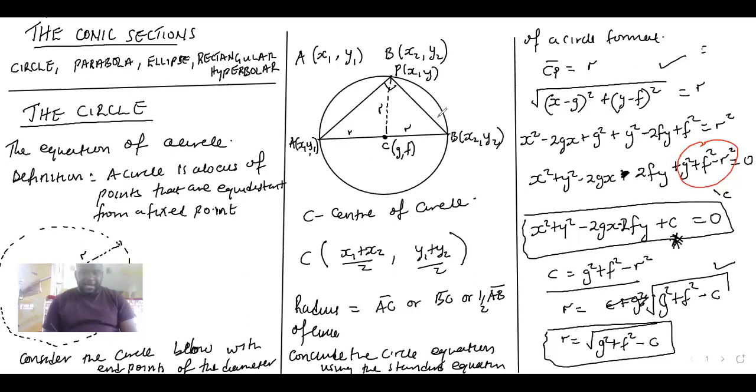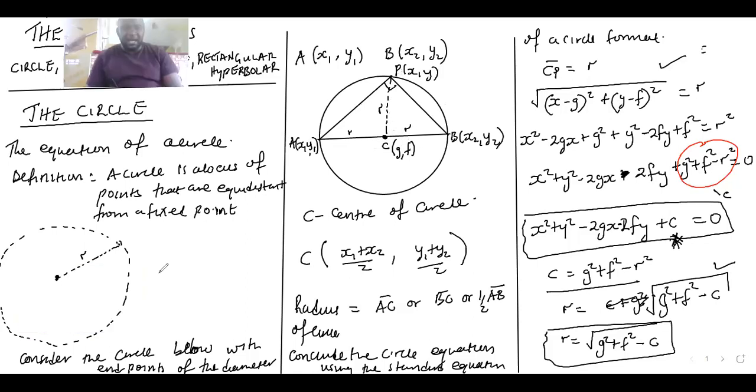Okay. If you consider this circle I drew, then we can have a center of the circle as g, f. Then the variable point, remember I showed you here, if this is a curve at a position P, which is x, y, the cow can only eat within this circular path. It cannot go beyond the distance of the rope r. Now the rope is acting as the radius of the circle.